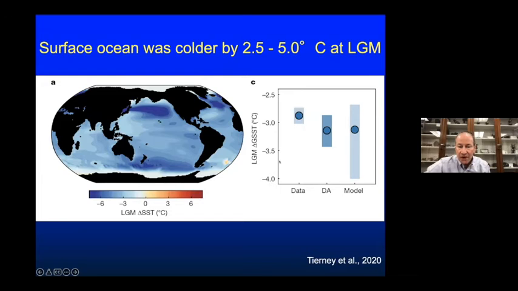The temperature change in this particular study and in most reconstructions at the highest latitude oceans are very uncertain because we have very few good records of climate change there. But in much of the global ocean, you can see this pattern. The Earth's ocean was colder by 2 to 5 degrees C. And this is the surface ocean.